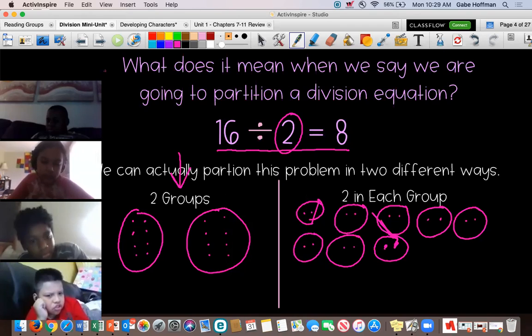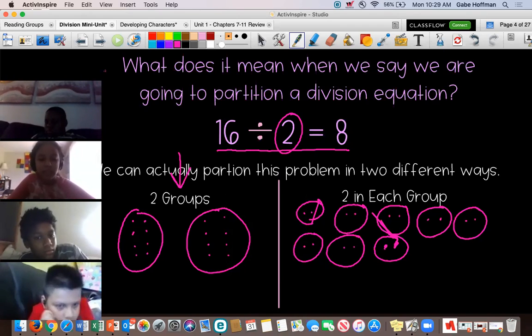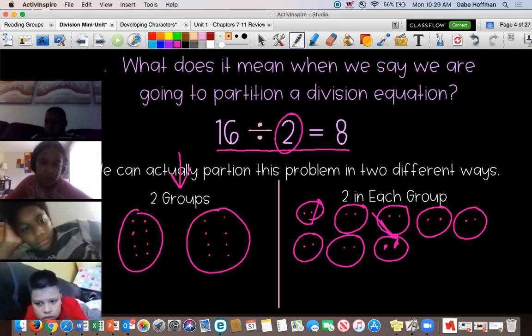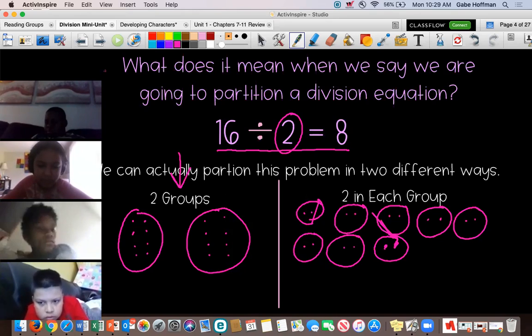I see the 16 in both of the circles. Yep, that's the total number of dots we have all together. We have 16 dots total.